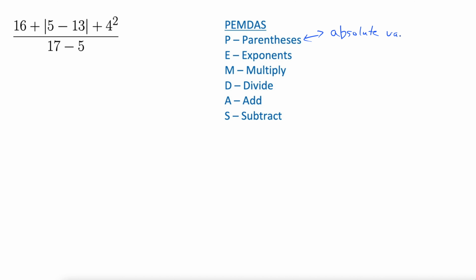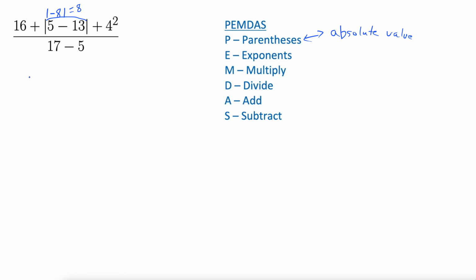While we have no parentheses, the absolute value is considered that. So we have the absolute value of 5 minus 13 is the absolute value of negative 8. But the absolute value of negative 8 is 8.